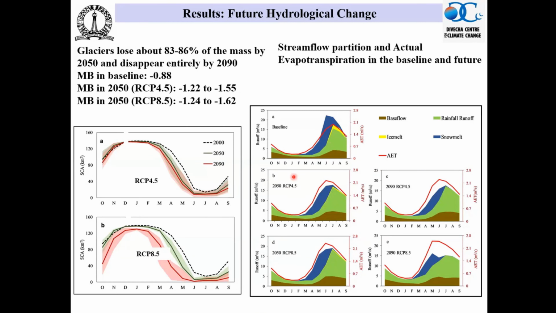That means RCP 4.5, how it will change the stream runoff from 2050 to 2090, or RCP 8.5 from 2050 to 2090. So all these things are now possible, but it is only possible for you if you understand the underlying scientific principle which is used in these models.